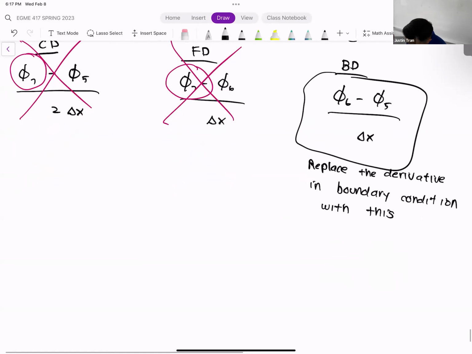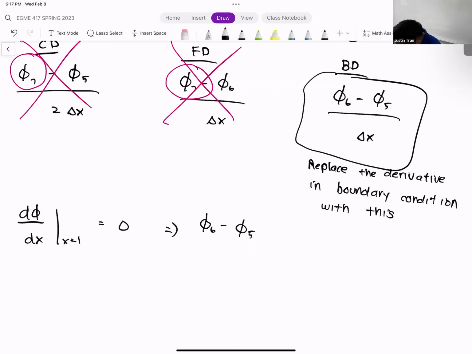Remember, our boundary condition is d phi dx at x is equal to 1 is equal to 0. If we replace that derivative with our finite difference here, we get phi 6 minus phi 5 divided by delta x is equal to 0.